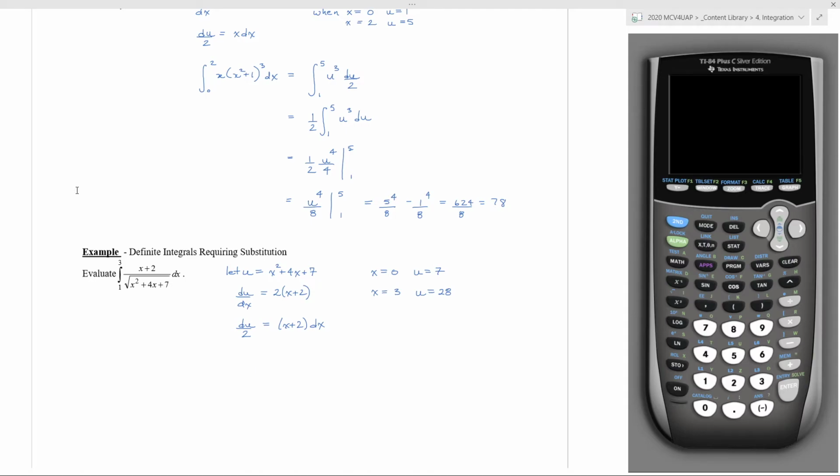My new limits would be 7 and 28. So I'll leave that with you to try and hammer that out manually, and then please use your calculator to verify that you did in fact get the right answer.